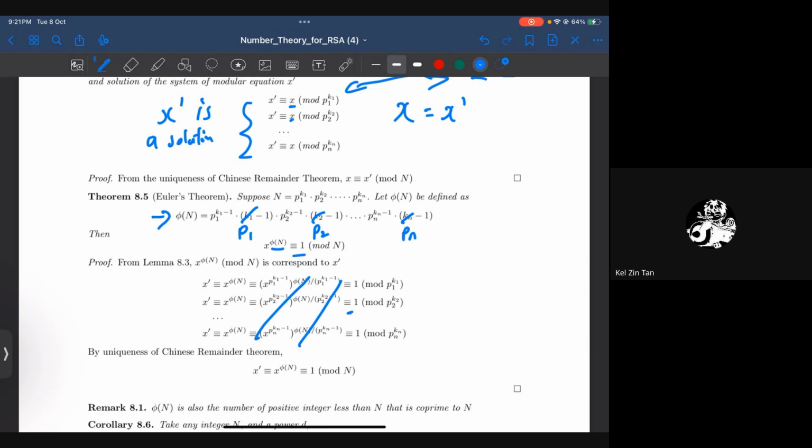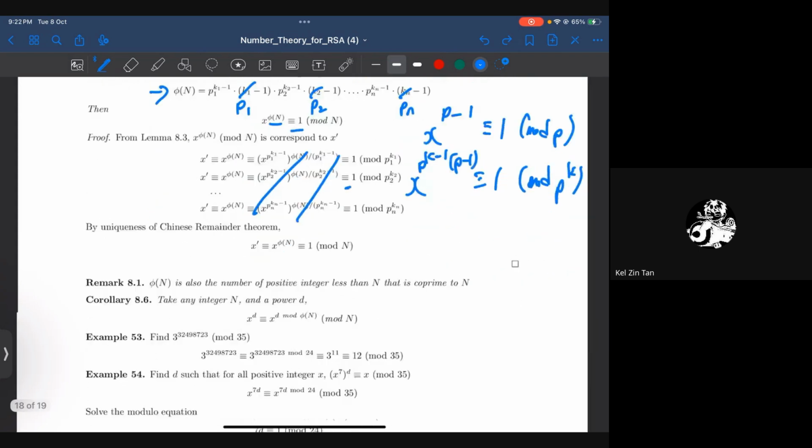And we get a result for composite n. So previously for Fermat's little theorem, we have that x to p minus 1 is congruent to 1 mod p. And when we are doing mod to the prime power, we have that x to the power of p^k minus 1 times p minus 1 is congruent to 1. And then for a general integer n, this is what we have, which is phi n, and it is basically just all the things multiplied together.